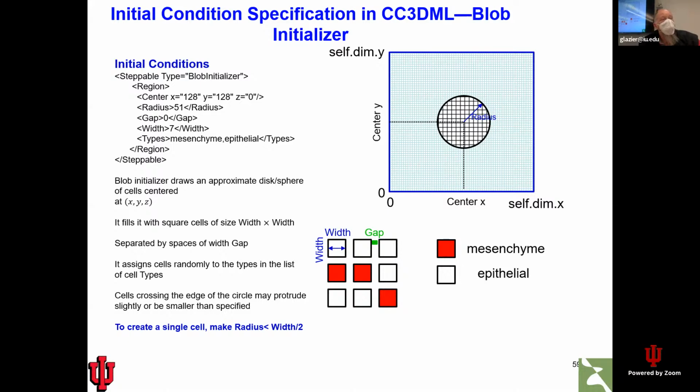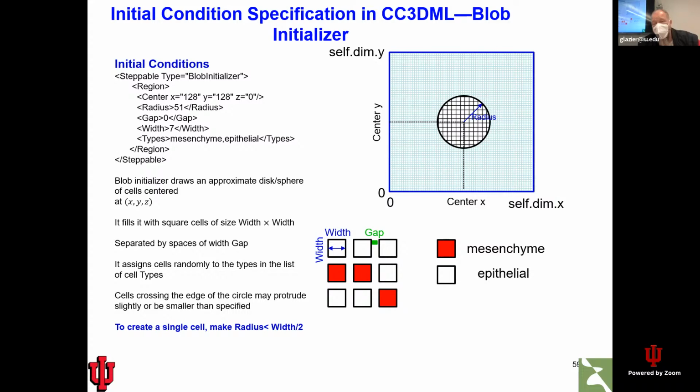We specify the position of the center and then a radius around the center, and then it draws squares just the way the other one did as well. And in that case, you always are going to get stair-stepping at the edges. In either case, you could draw a single cell by making the size of your box smaller than the width, or in this case, the radius a little bit less than width over 2, if you want.